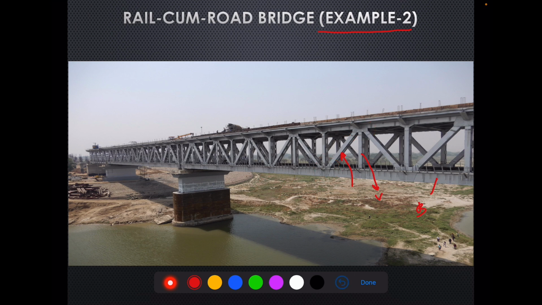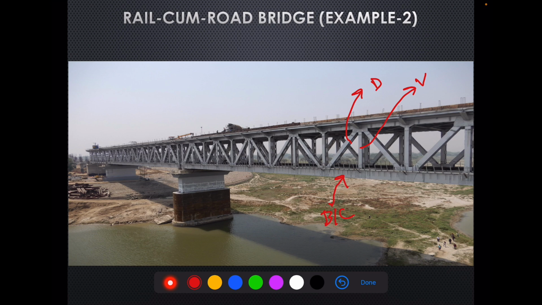Now let's go into some basics of the structural arrangement of this particular bridge. As you know now, with the knowledge of our open web girder lecture, this is the bottom chord, these are the diagonals, this is the vertical, and road traffic has been placed, the road deck has been placed, at the top.